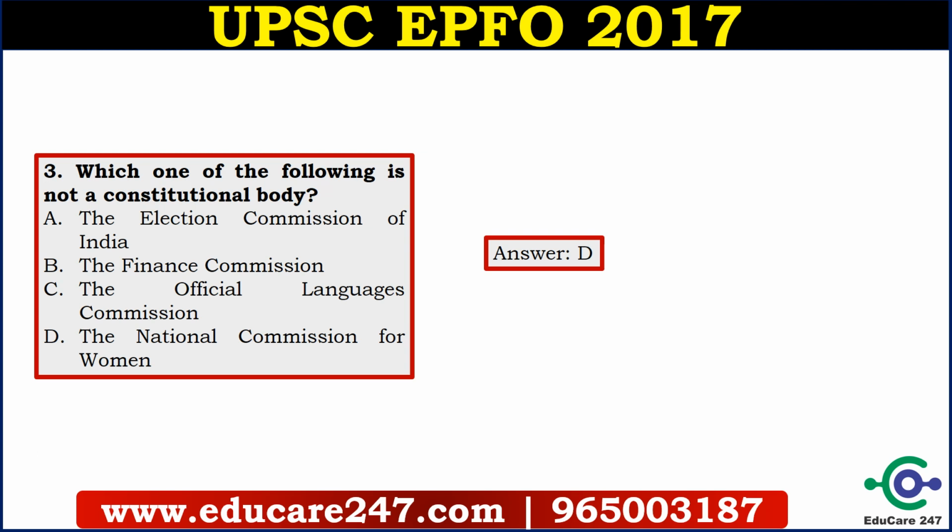The Official Language Commission is also a constitutional body. The National Commission for Women is not a constitutional body. Basically, a constitutional body means a body which has been mentioned in the Constitution of India, and those bodies which have been created with the help of an Act are not constitutional bodies. So this is the basic difference. Remember this important point. It can be asked in the examination.